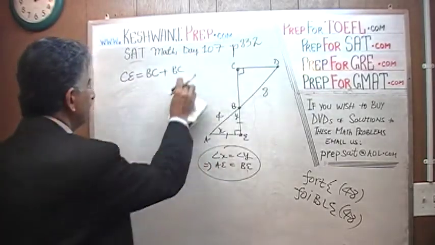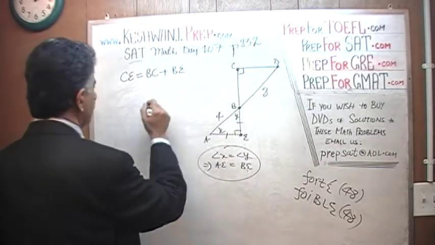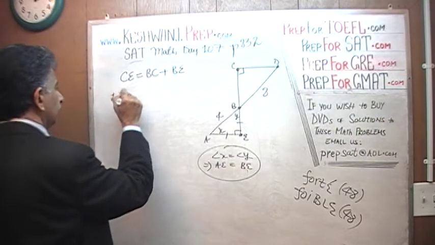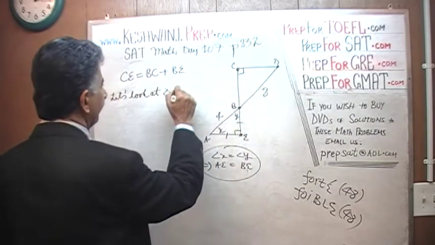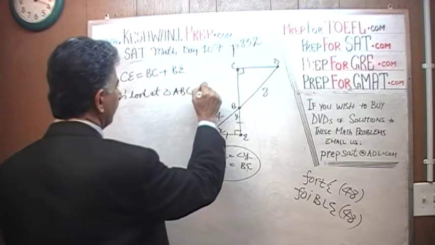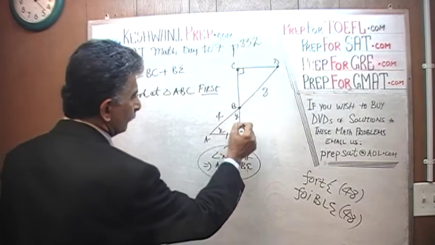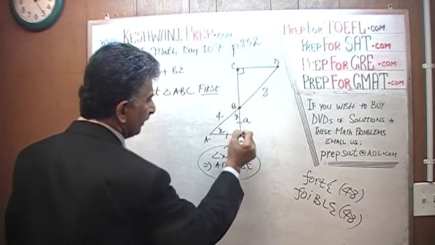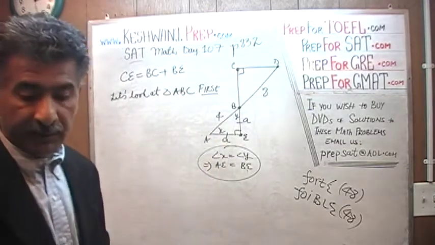B to E. So let's look at triangle ABE first. In ABE, let's call this side a. If B to E is a, then A to E will also be a because they are equal to each other.